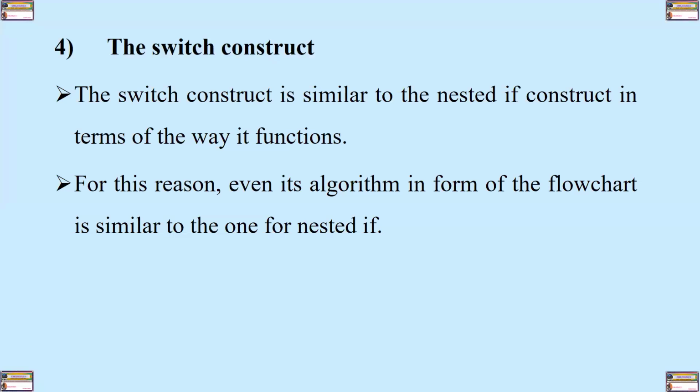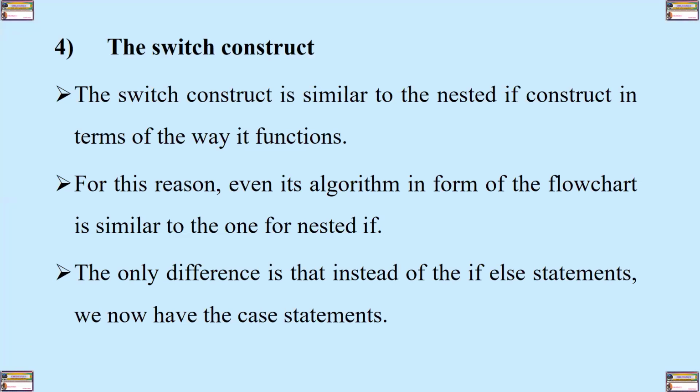So I'm not going to demonstrate the flowchart for switch because it's the same one for nested if. The only difference is that instead of the if-else statements, we now have the case statements.